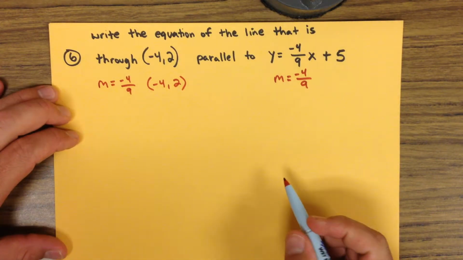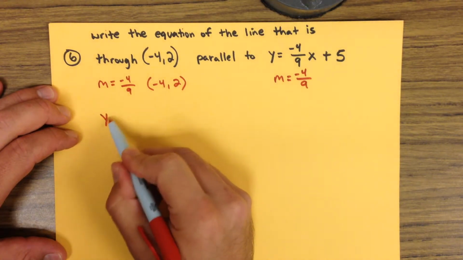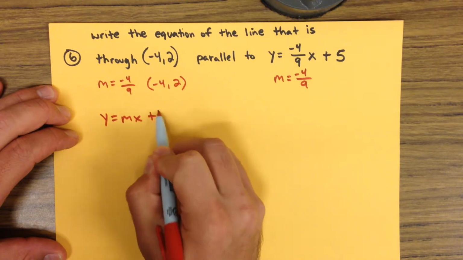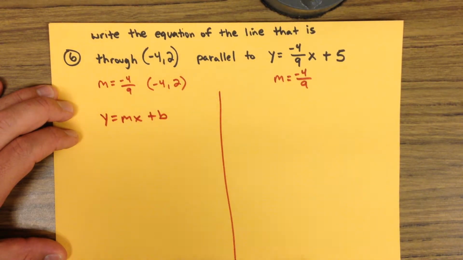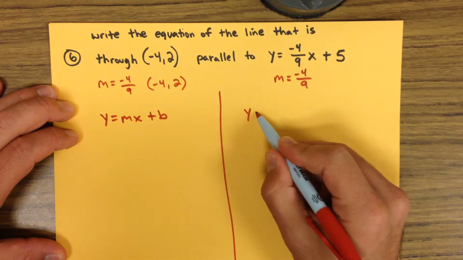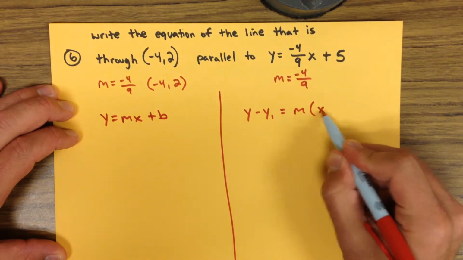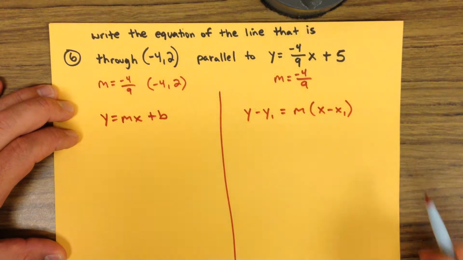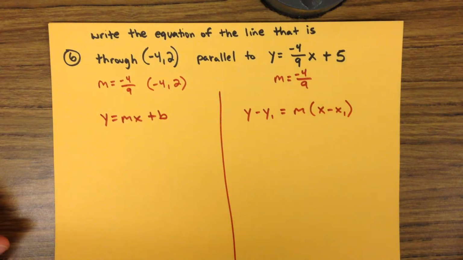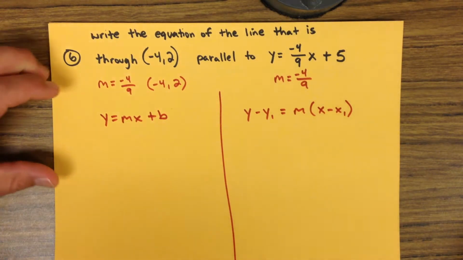There's two ways to do this. I can either use y equals mx plus b, or I can use point slope form. So whichever one you feel comfortable with, use.